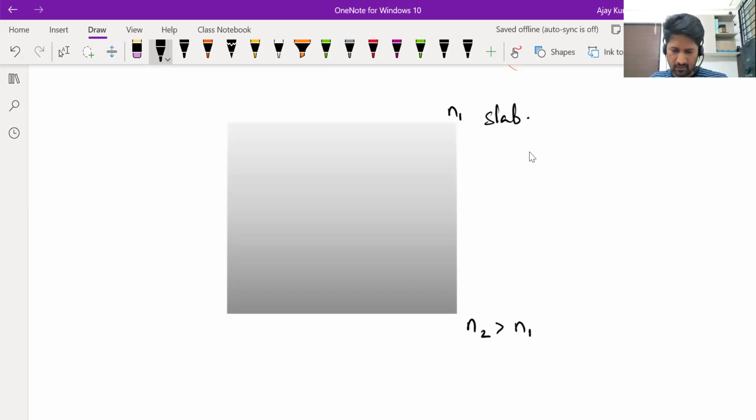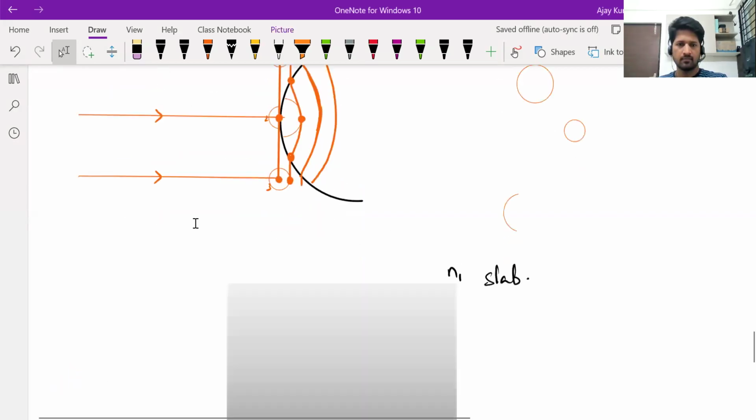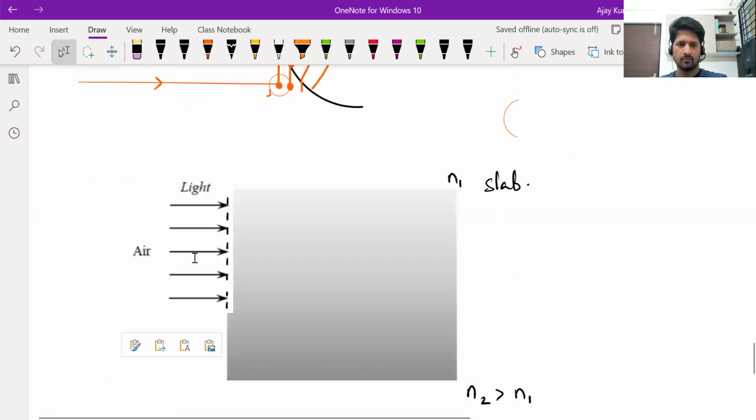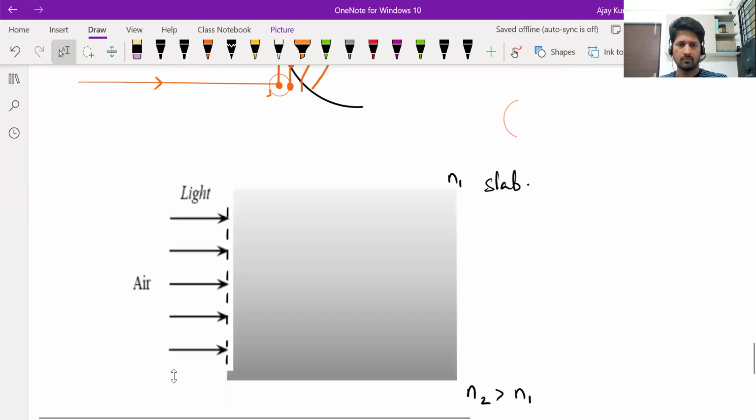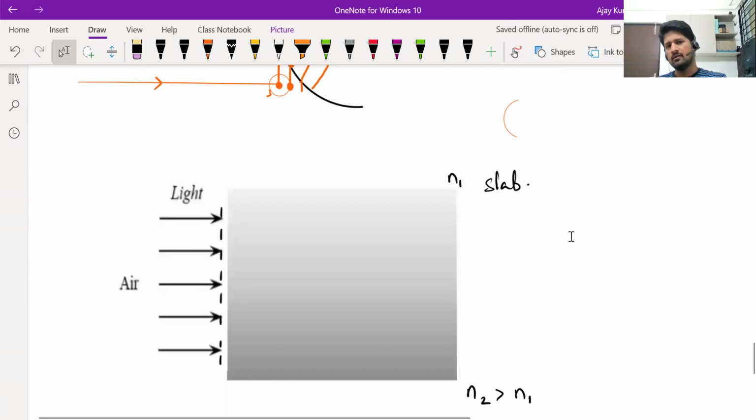Imagine a parallel beam of light incident on this slab, just as in the previous case. Draw the wavefront after it enters into the medium.